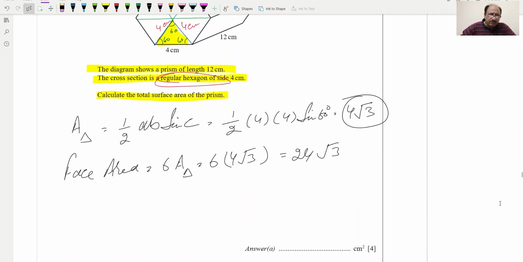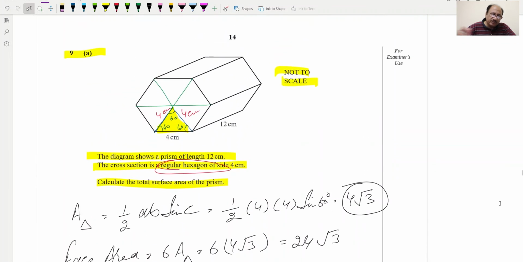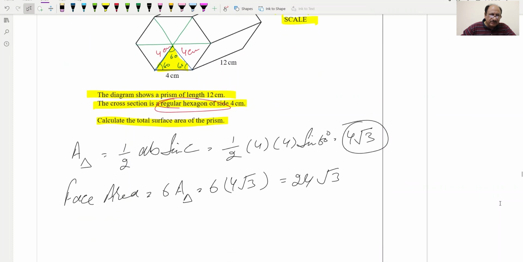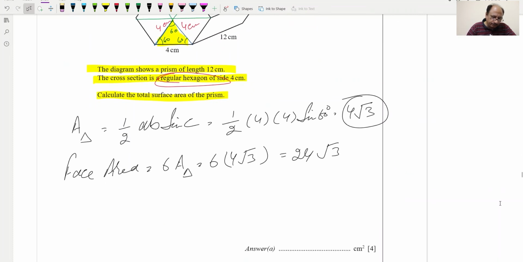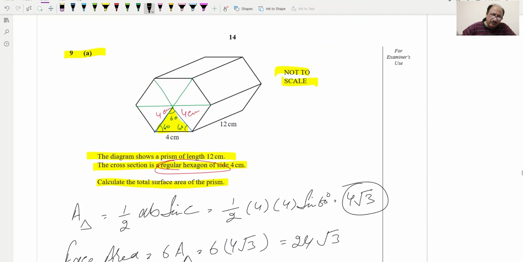Now total surface area is basically, there are two face areas. So 2 into face area will be equal to 48 under root 3. This will be the front face area and the back face area.